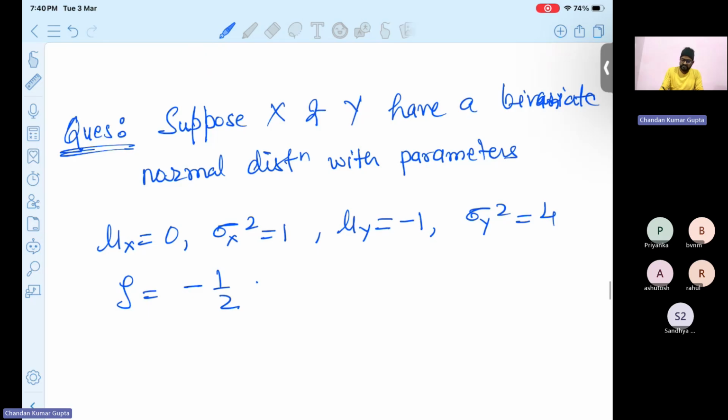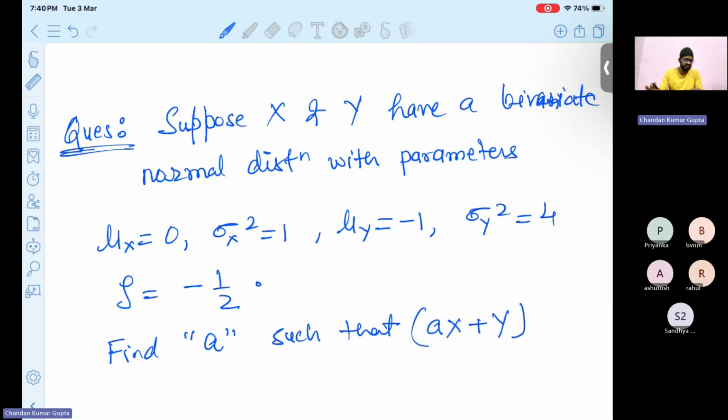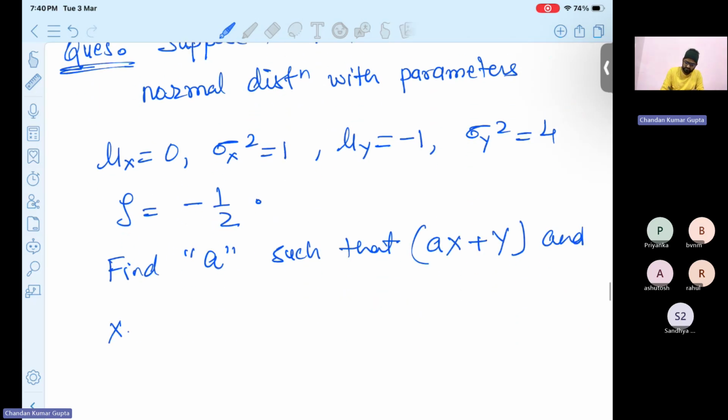Now the question is to find a such that ax plus y, the one transformed variable, and x plus 2y are independent.